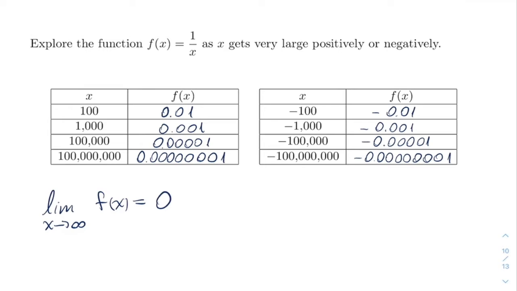And we have the same situation when x decreases without boundary negatively. So in this second case, we say that the limit when x goes to negative infinity of f of x is also equal to 0.